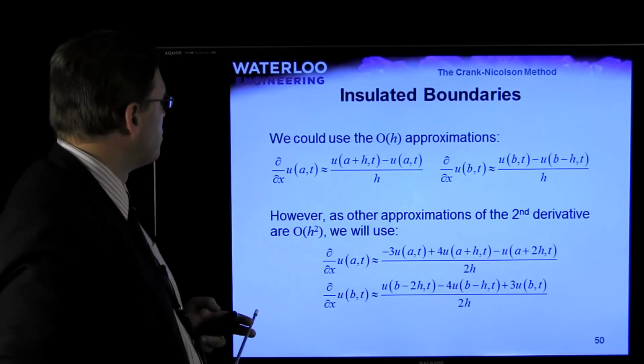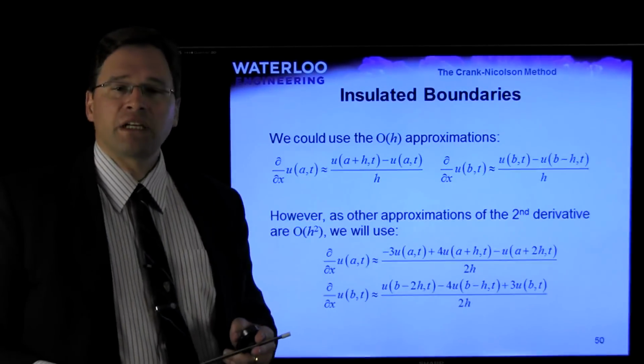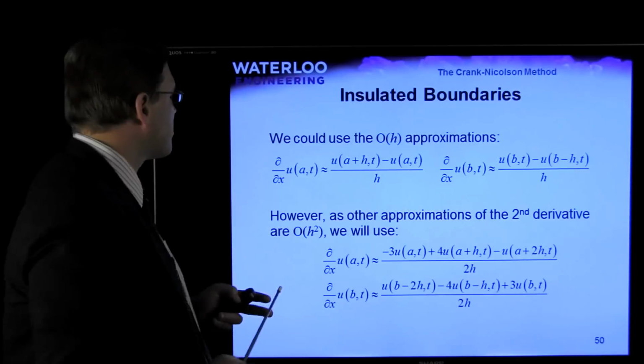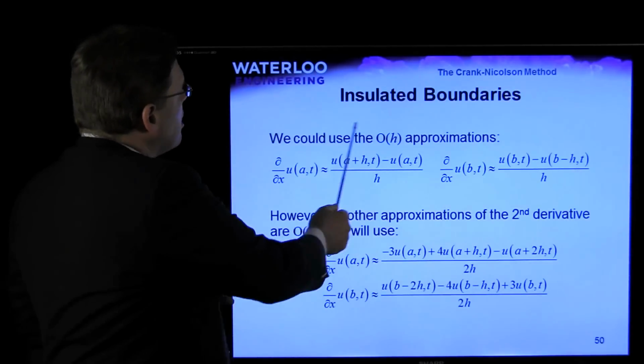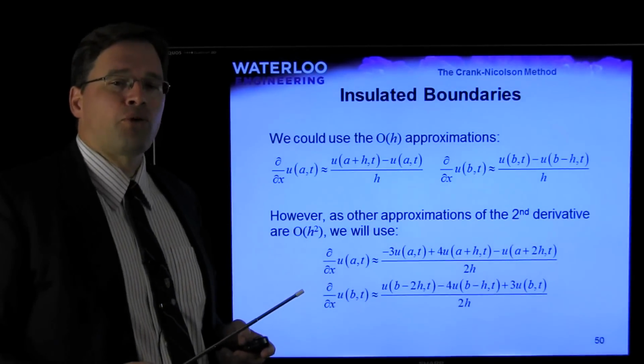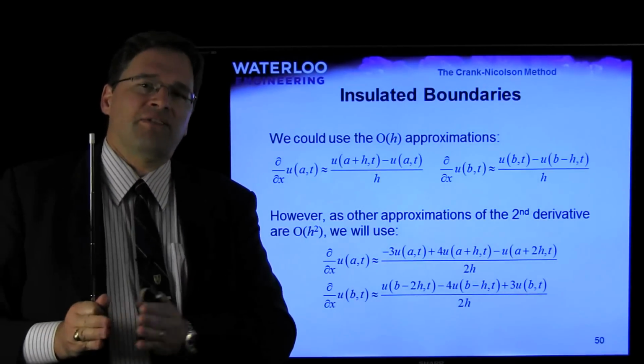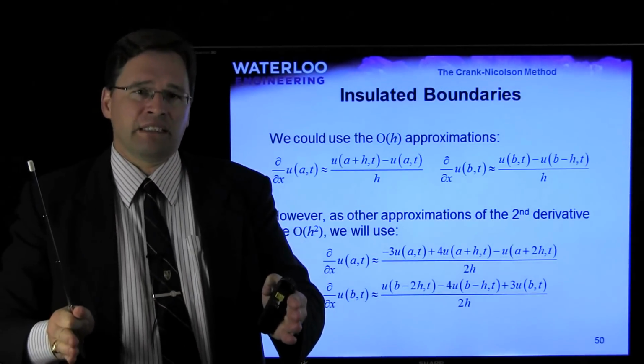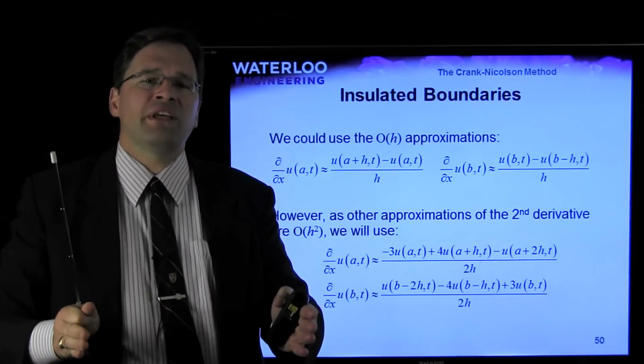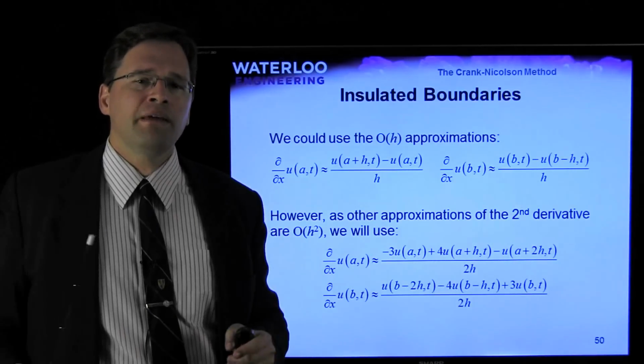Now, we could use the following order h approximations of the derivative at these endpoints. So this is the forward divided difference formula, while at b we have to use the backwards divided difference formula. We're going back in space because we can only go back into the interior of the interval AB.